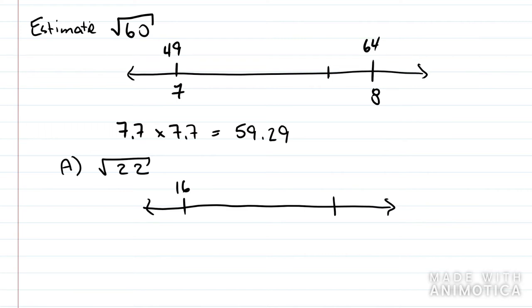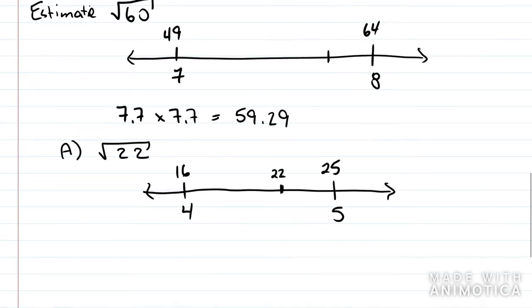What's a perfect square that's bigger than 22? 25. Okay, so the square root of 16 is 4. The square root of 25 is 5. Now where does 22 lay? Well, it's going to be about here, isn't it? Because it's 6 more than 16, but only 3 away from 25.